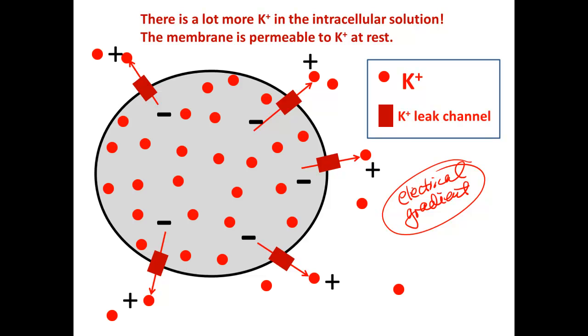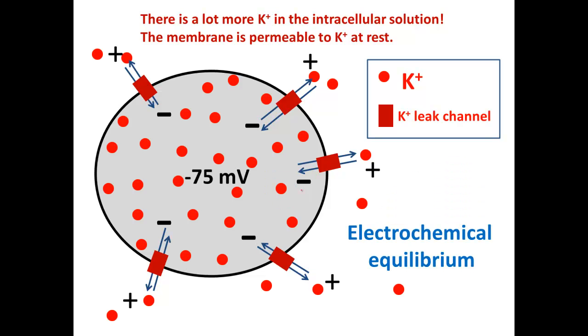So the positive potassium ions inside of the neuron are going to be attracted to the negative charge on the inside, which means that those positive potassium ions are going to become less likely to leave the negative interior.